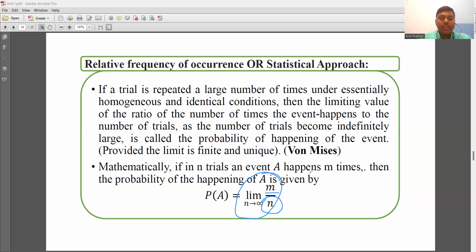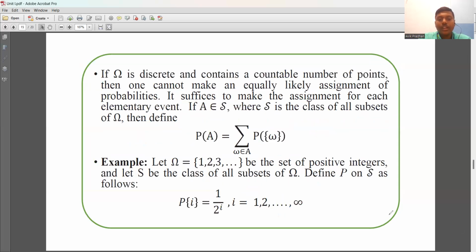Okay. So let us try to understand this elaborately with an example. Here I have taken that omega is a discrete set. That means the set of all possible outcomes is a discrete set, and it contains a finite, countable number of points.